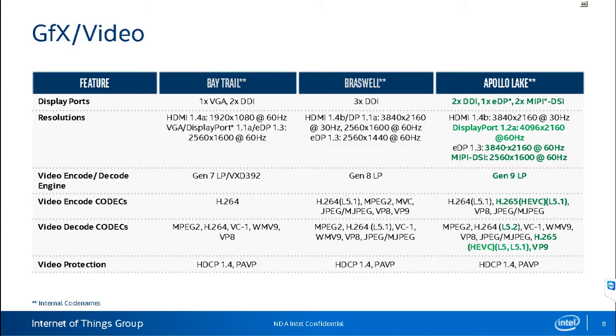The MIPI DSI support is one of those. The DisplayPort 1.2a resolutions help with better refresh rate and adaptive sync. As I mentioned, the video codec supports VP9, the next generation of Open HD graphics video and 3D video resolutions, and also the codecs and decoders.